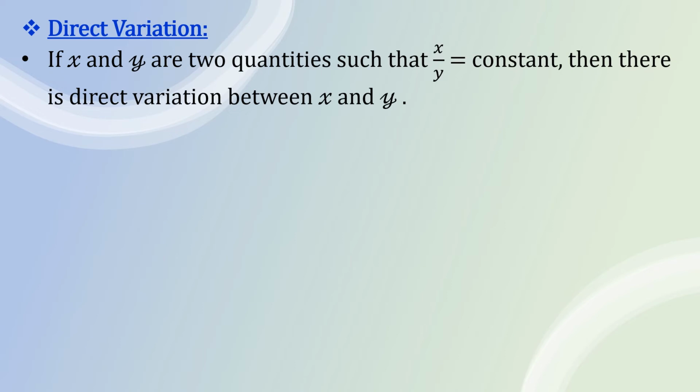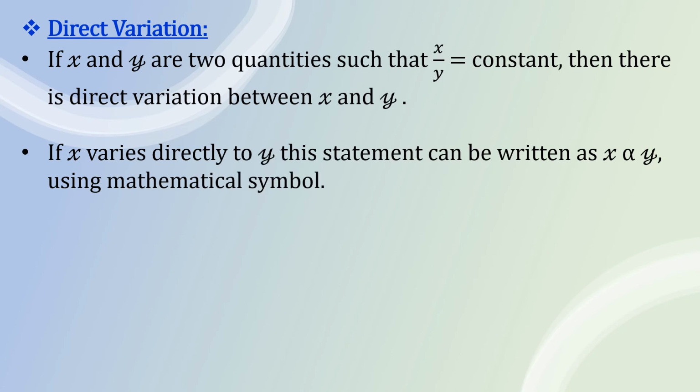In direct variation, if the ratio of two quantities, that is X upon Y, is equal to constant, then there is direct variation between X and Y. If you take the ratio of both quantities and you get a constant value for all the given values, then there is a direct variation between X and Y. This is one point you have to remember.